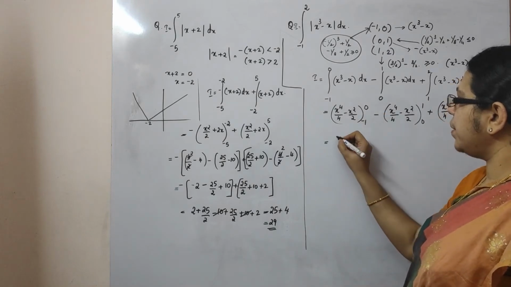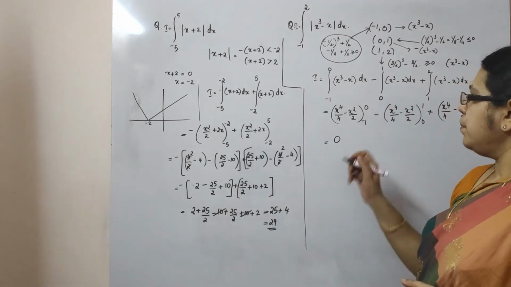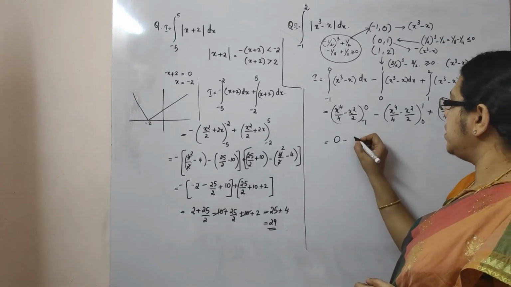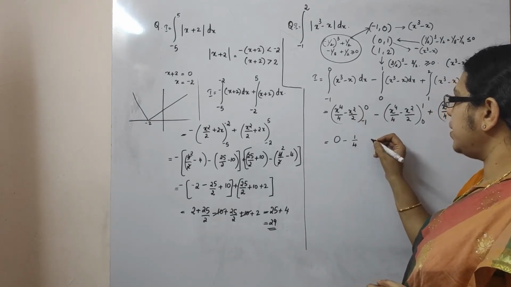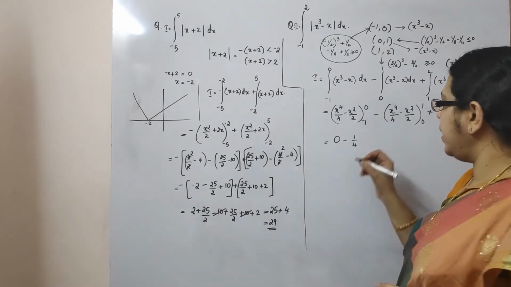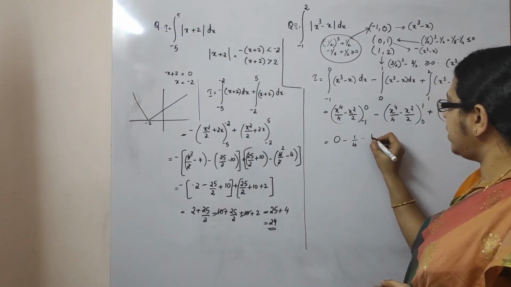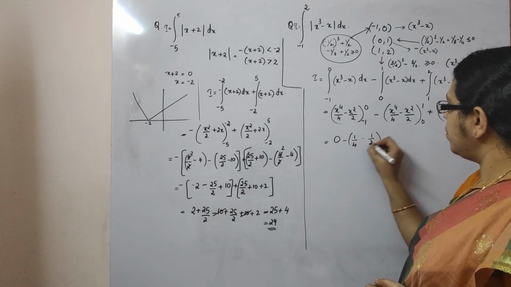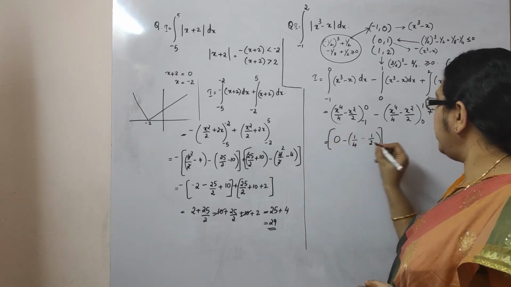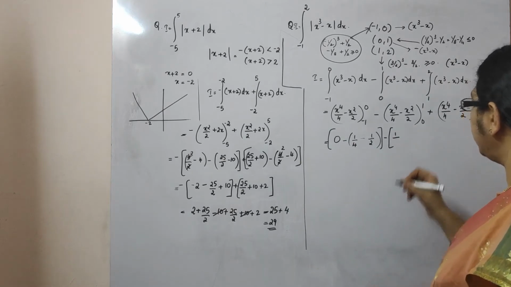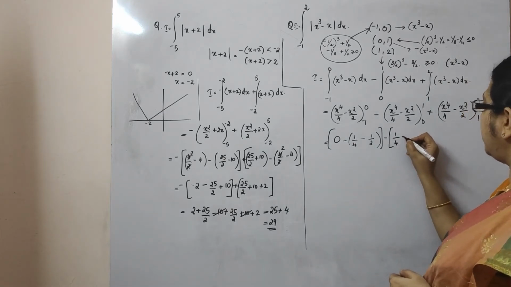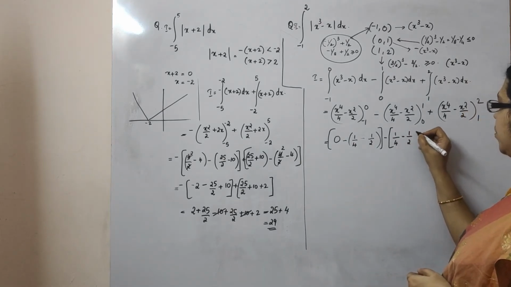When I apply the upper limit, it is 0 minus the lower limit. 1 by 4, here when I substitute minus 1, 1 square is again positive. So this is minus 1 by 2. So one part is over: minus 1 by 4 minus 1 by 2.